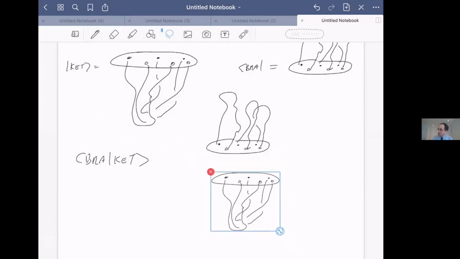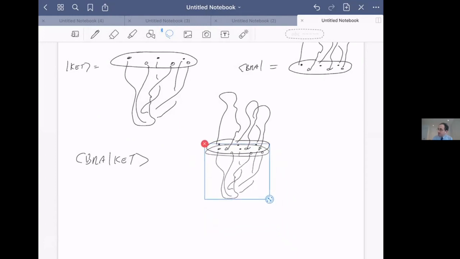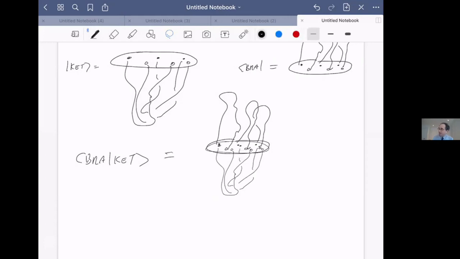I didn't size it correctly. I just fit these guys together like that to make a single knot. And now I have a knot equals, if they had fit together perfectly, knot. And then I can evaluate the bra and the ket by taking Kauffman invariant equals Kauffman of knot.